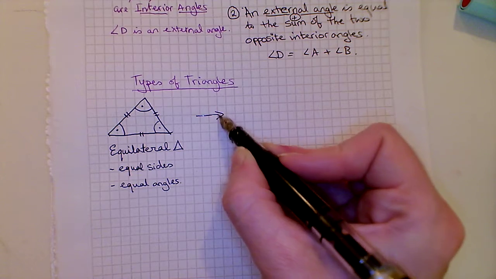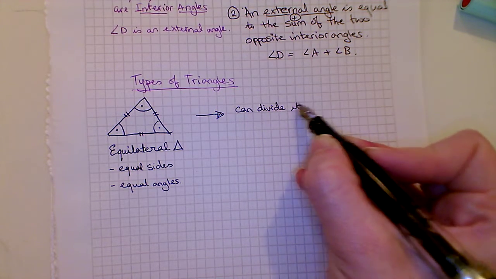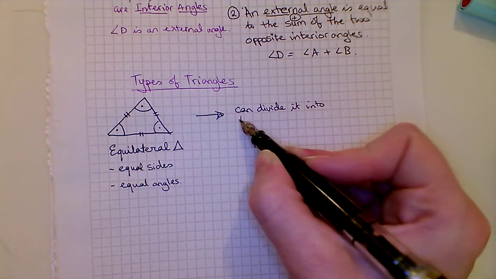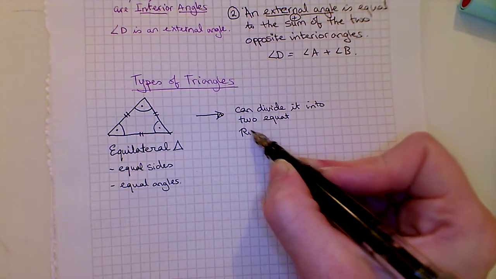And you can divide it into two equal right-angled triangles.